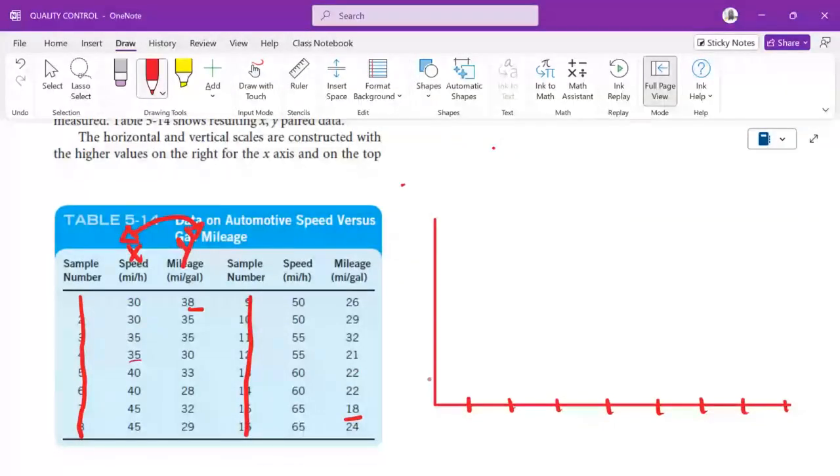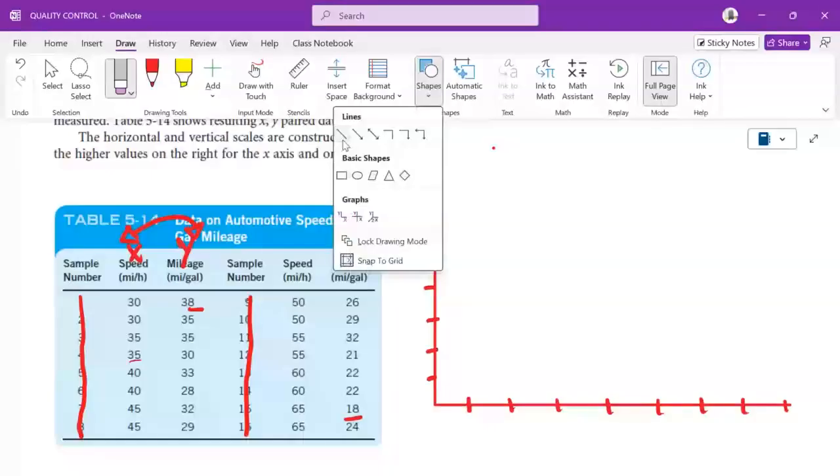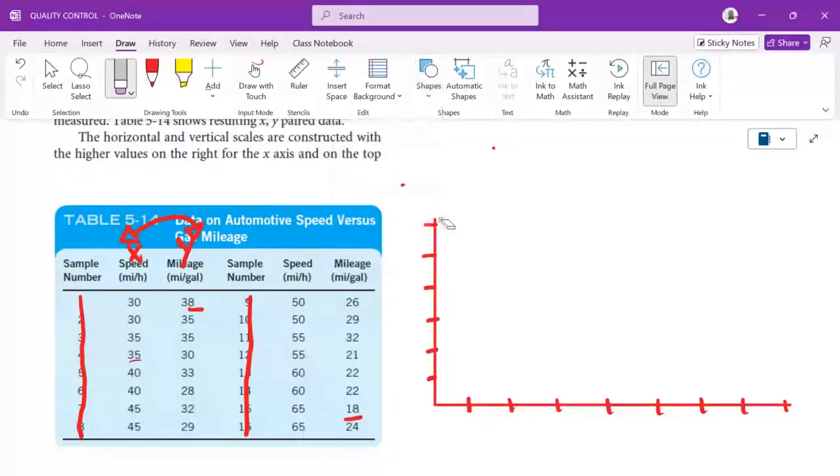Okay, 15, 18, 21, 24, 27, 30. And this, if it can increase, I would be very happy.